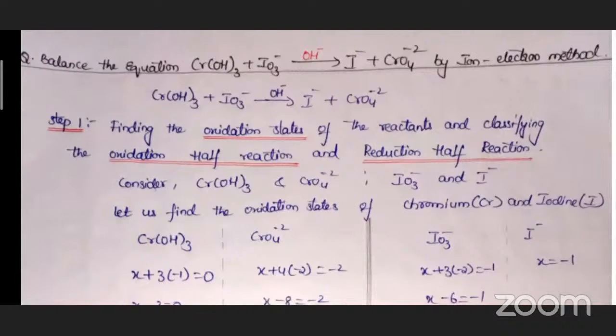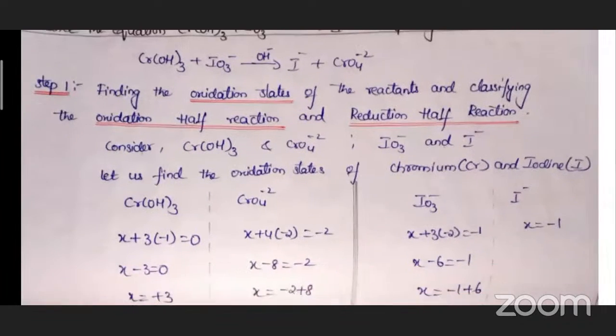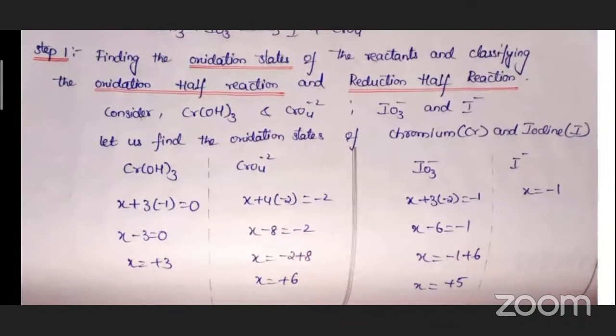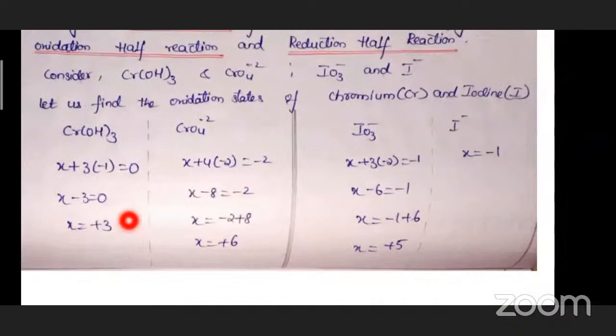We have to identify the elements whose oxidation states are changing. See here, we are considering chromium and chromate, iodate and iodide. Chromium and chromate are undergoing changes, right?